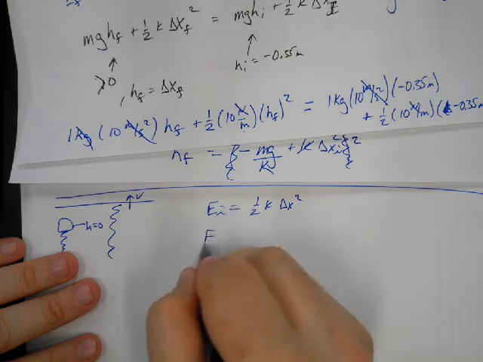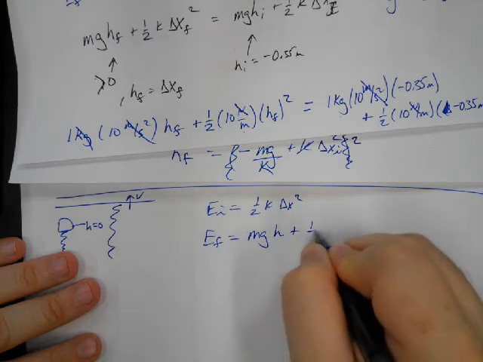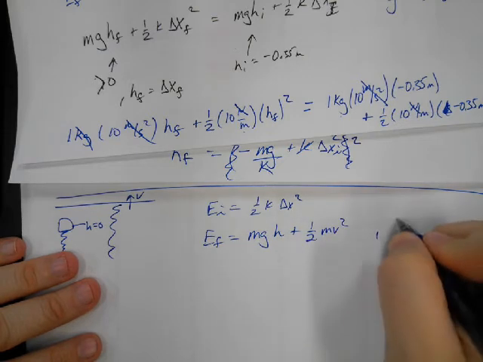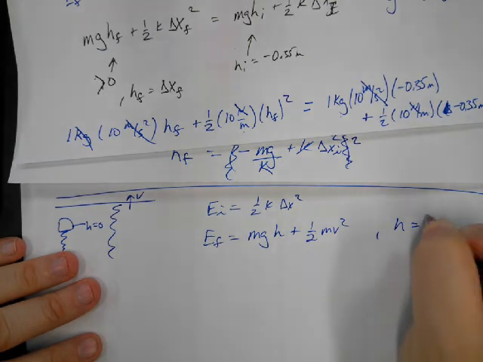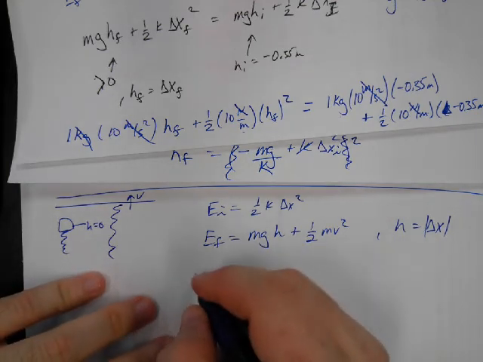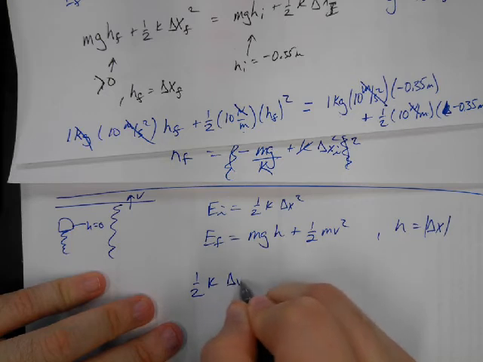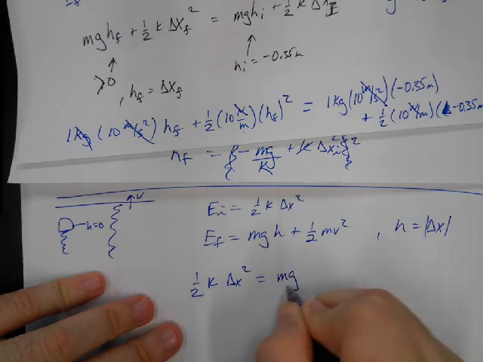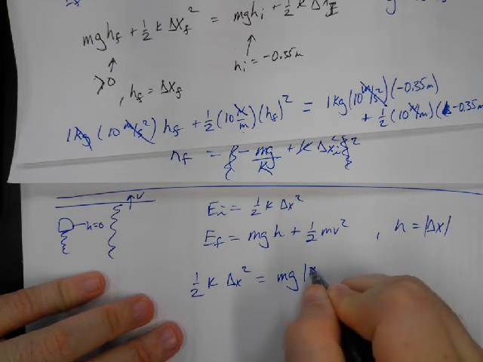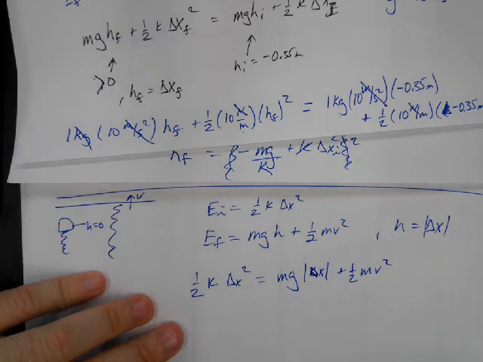And then E final will be mgh plus 1/2 mv squared, but h is the size of delta x. It's going to go upwards. So we can solve. We can go in and say 1/2 k delta x squared is mg delta x plus 1/2 mv squared.